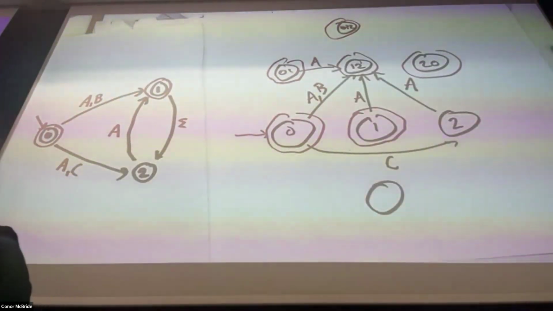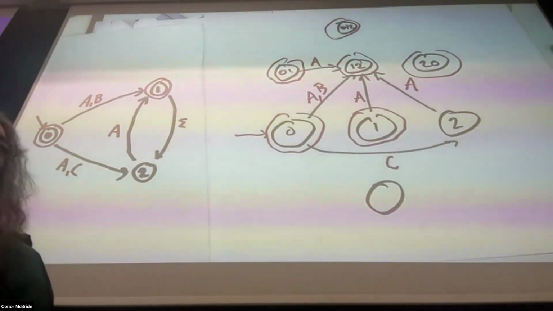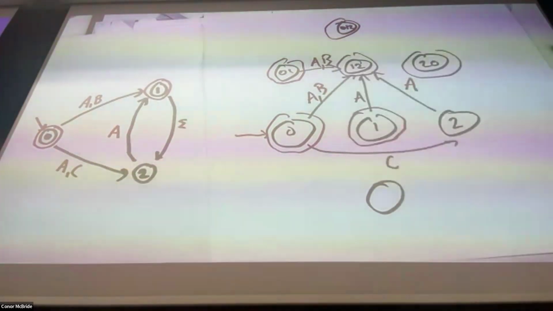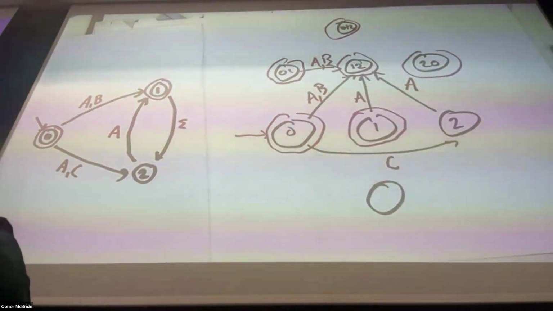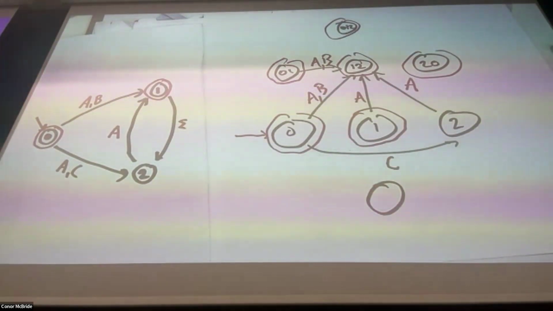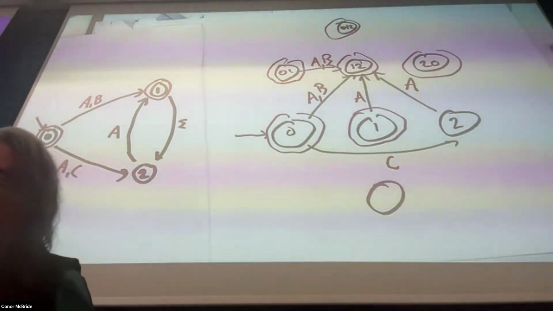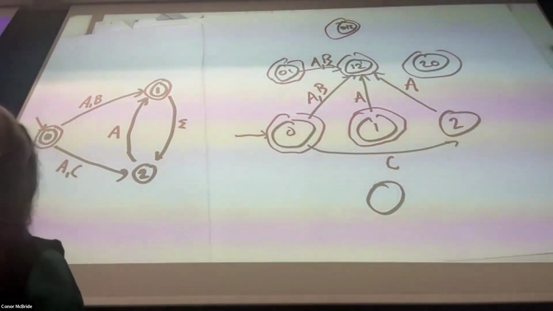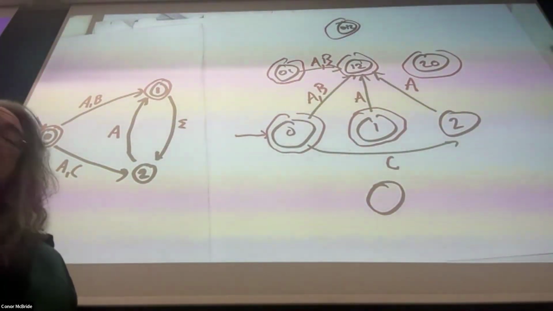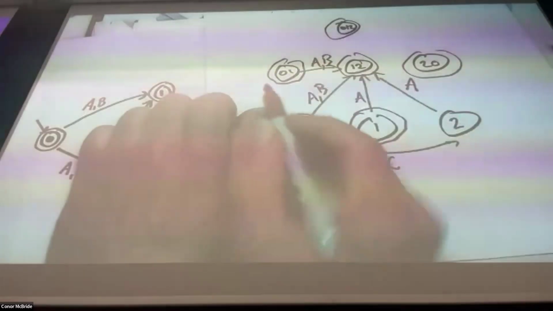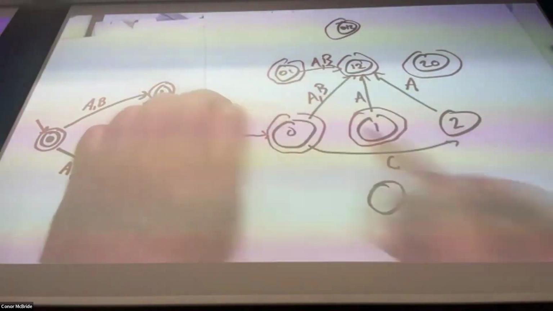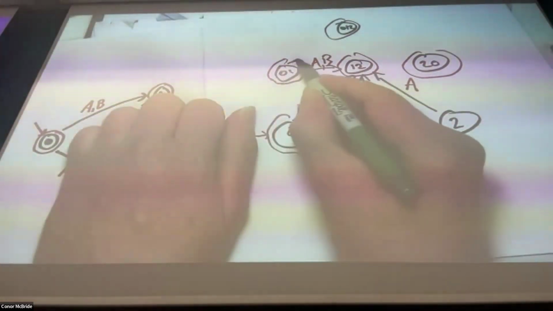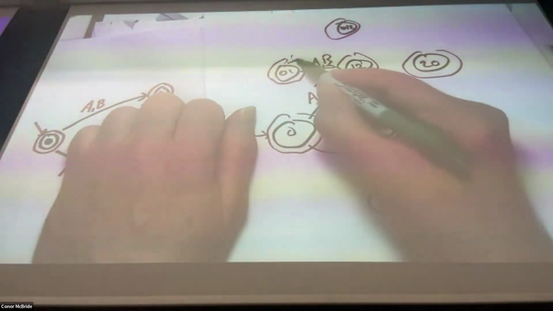If I get a B from 0 or 1, I'm also going to 1 or 2. And if I get a C from 0 or 1, the only place I can possibly go to is 2. So I'm saying what's possible. Now I'm recording all the possibilities. That's the key thing. That's a bit of a nuisance of an arrow.